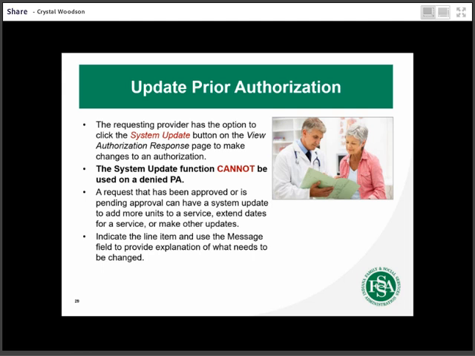The system update cannot be used to add new services to the original request, but it may be appropriate for making corrections to a pending request or to request an extension or additional units for the approved services. You can use the message field in the box to provide more information or explain what change is needed.